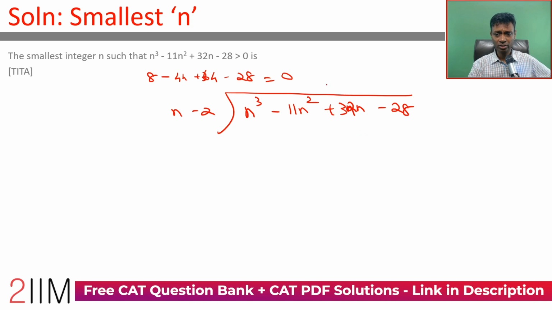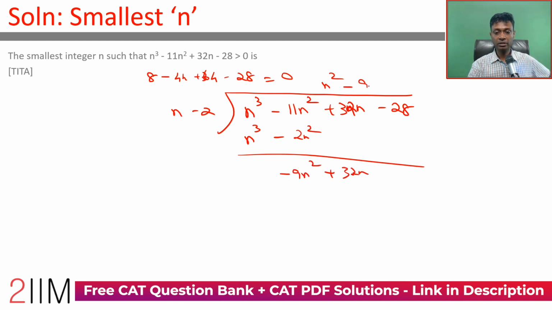We can factorize this. n square goes here, n cube minus 2n square. So minus 9n square plus 32n, minus 9n: minus 9n square plus 18n. We'll have 14n minus 28.